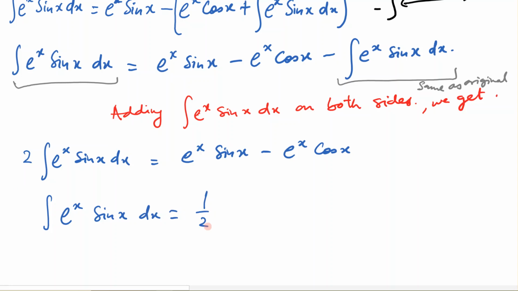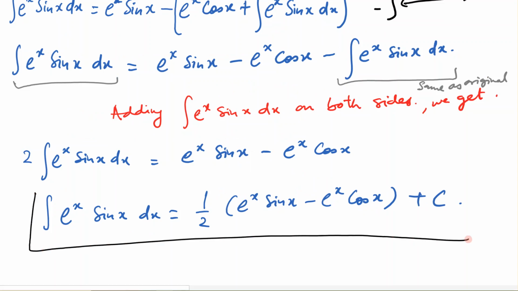So we get half e raised to power x sine x minus half e raised to power x cosine x. I'm just going to take half common. And in the end, since this is an indefinite integral, we add plus c. So this is your required solution.